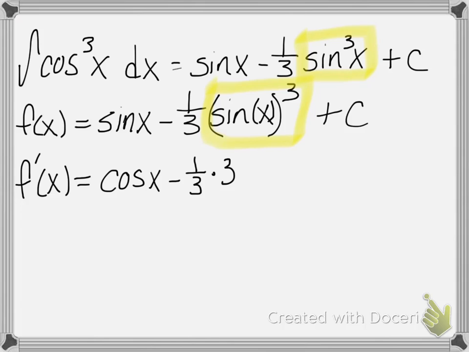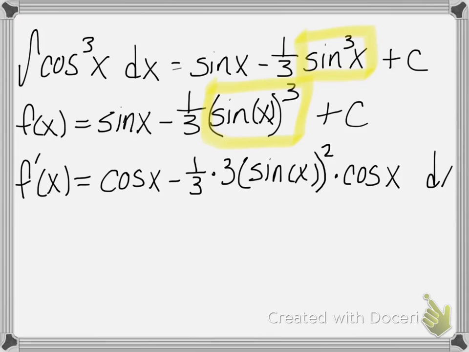We bring the power down, and then we keep what's inside, subtract 1 from the power, and then we multiply that times the derivative of what's inside. And so, like we said before, the derivative of sine is cosine, and then the derivative of the constant is 0, and all of that is with respect to dx.